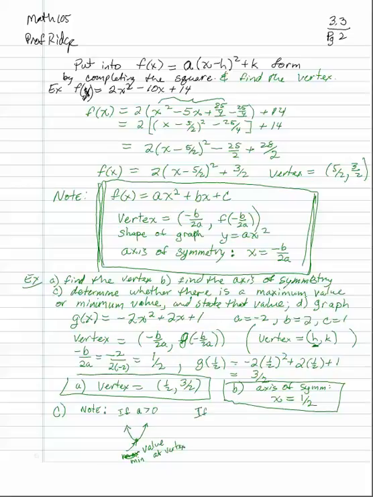If a is negative, less than 0, then the parabola opens down, so the vertex is going to give you a max value. So it's a max value at the vertex.